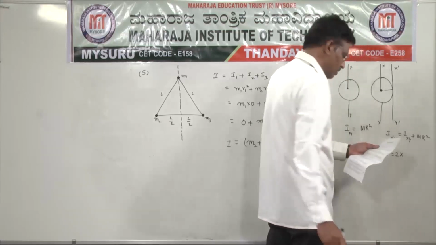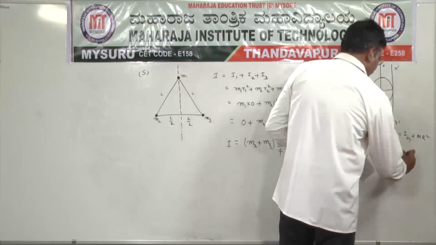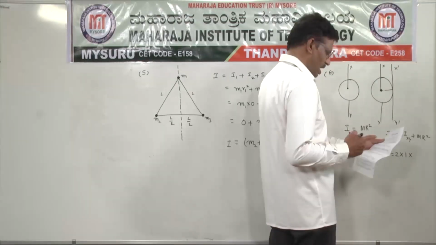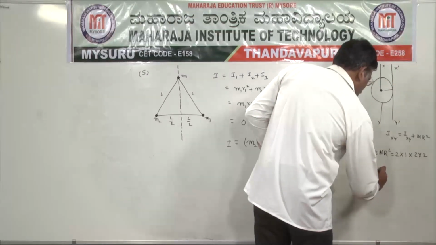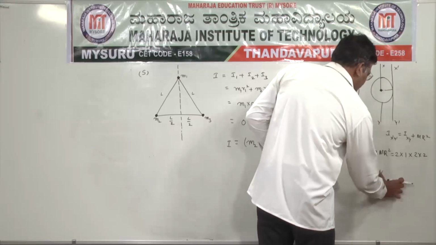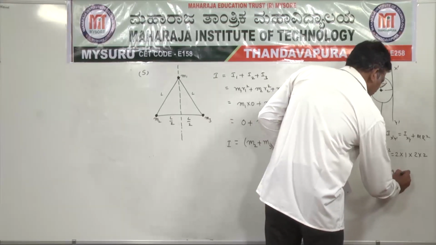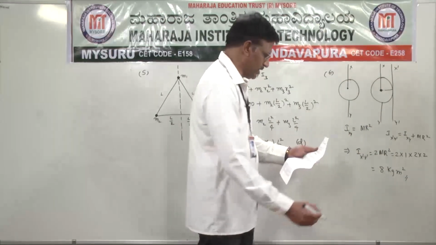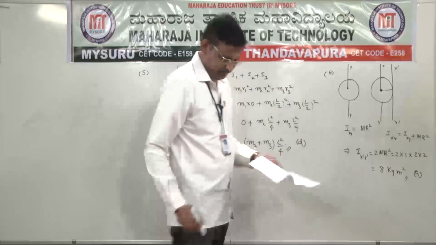So 2 into mass is given 1 kg, 1 into r square, r is given 2 meters, so 2 into 2 into 2, 2 2s are 4, 4 2s are 8 kg meter square, that is option A. Option A is the right option.